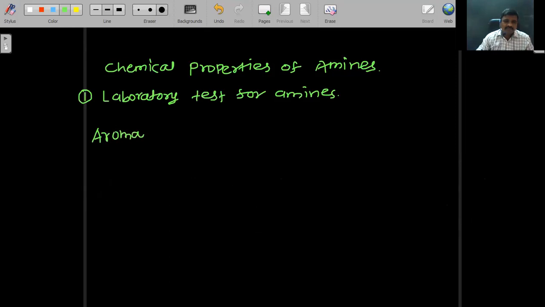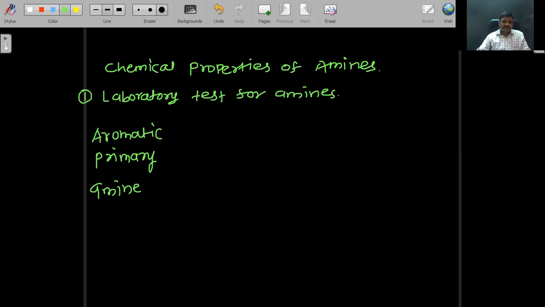So the first requirement is an aromatic primary amine. What is the meaning of aromatic primary amine? It means the NH2 functional group is attached to an aromatic ring. Example is aniline: NH2 attached to the benzene ring.